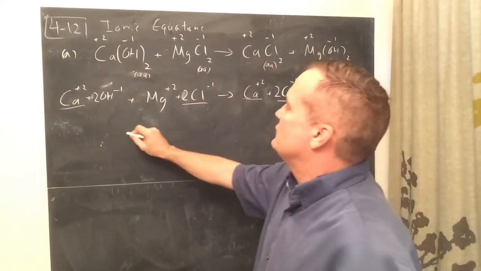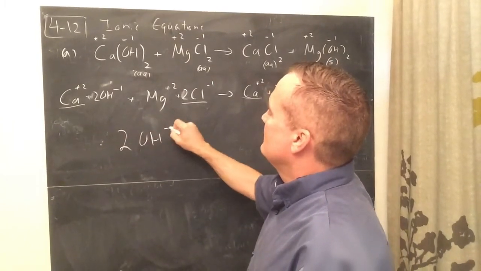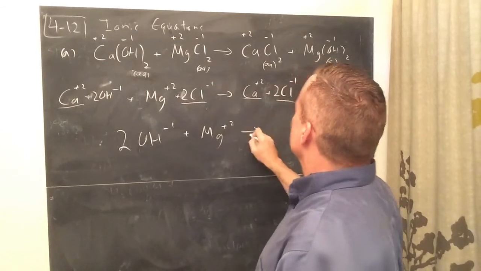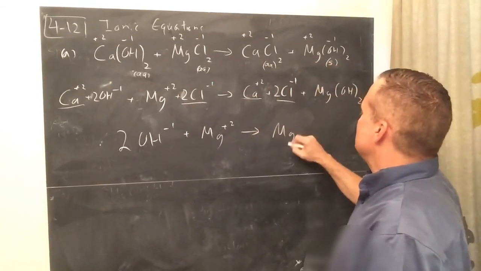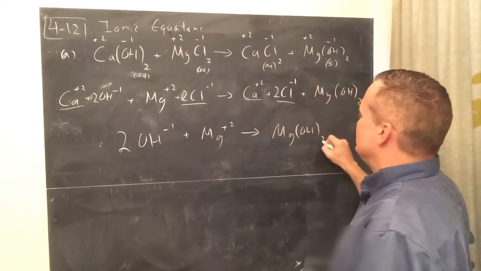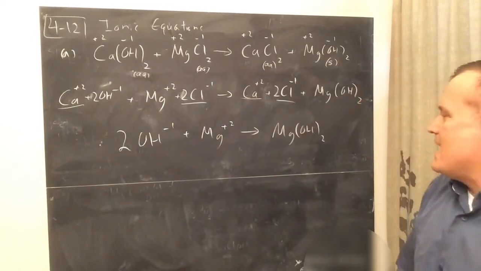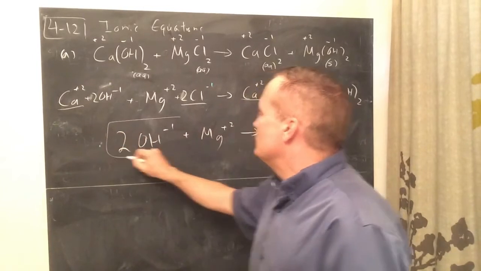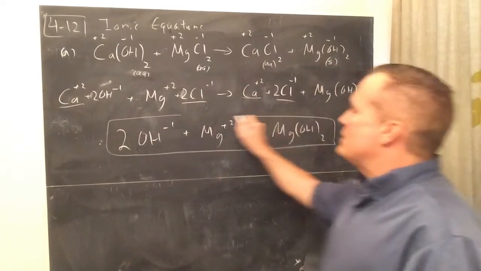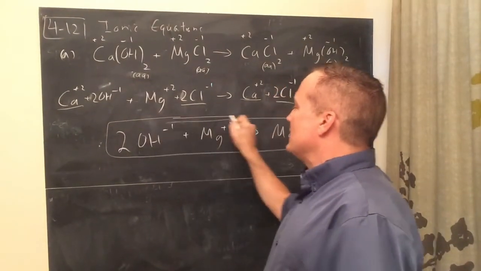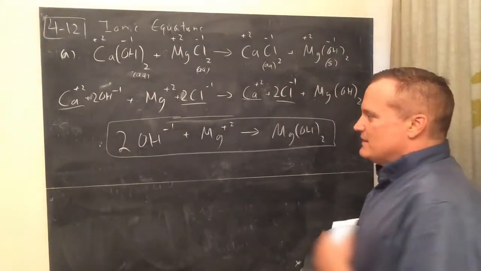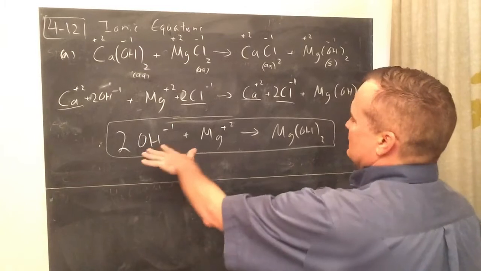So you're left with 2 OH negative plus Mg 2 plus to give you MgOH2. And on this worksheet, I want you to balance them. When I made that worksheet, I don't think it was required to balance at that time. But at the end, you would balance that out.